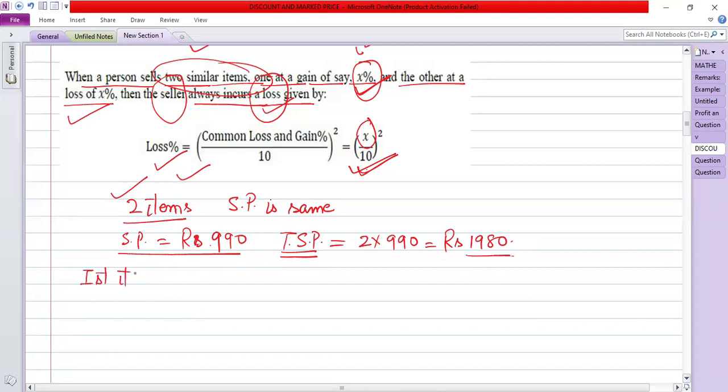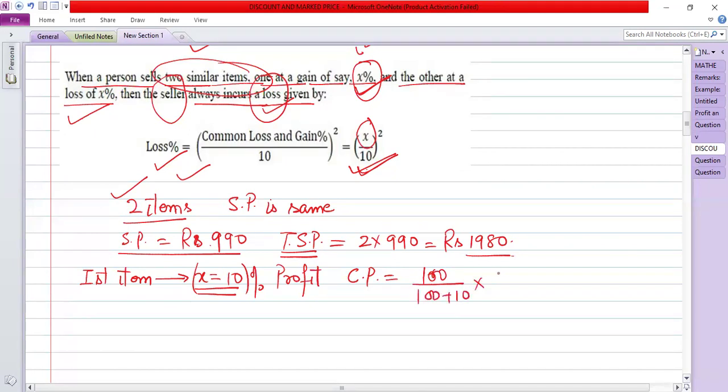Now the first item is sold at X percent. If I take X as 10, meaning at 10% profit, the cost price will be 100 upon 100 plus 10, into the selling price.